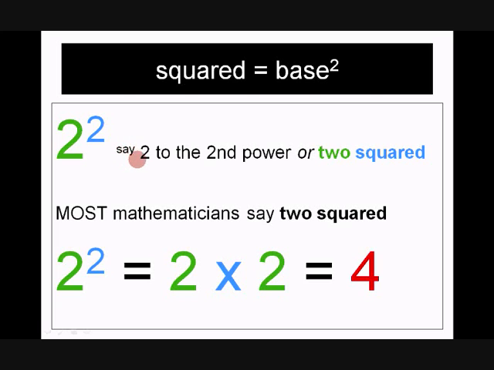Anything to the power 2, say 2 to the 2nd power or 2 squared. 2 to the power 2 is called 2 squared. Most mathematicians say 2 squared. 2 squared means base 2, exponent 2. That is equal to 2 times 2, which equals 4. This is the product.